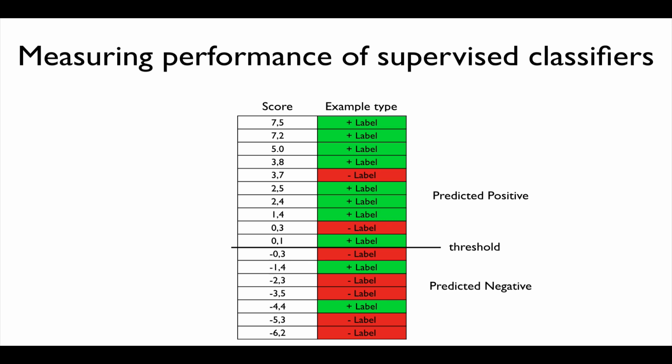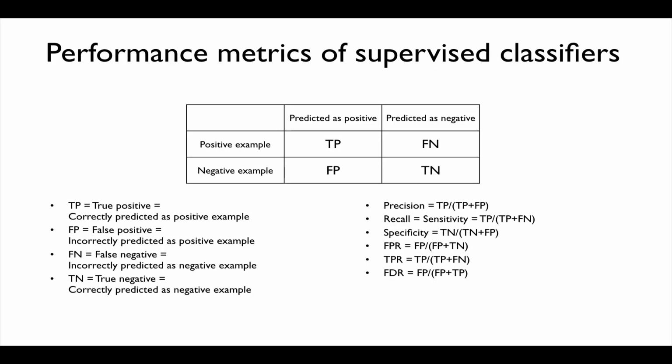So now we want to measure how well this threshold and this classifier work. The way we represent this is in a structure that we call a confusion matrix. We make a matrix out of all the examples that we have predicted as positive and negative versus the ones that are truly positive and negative examples.